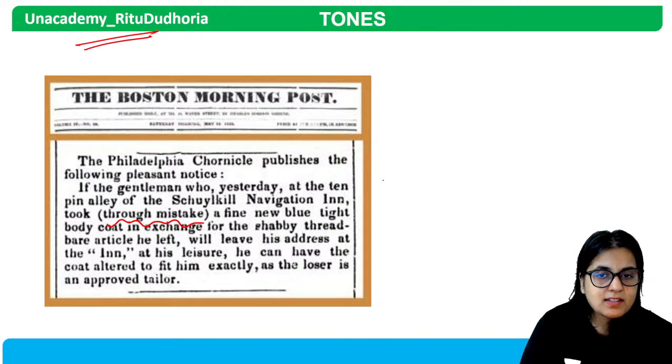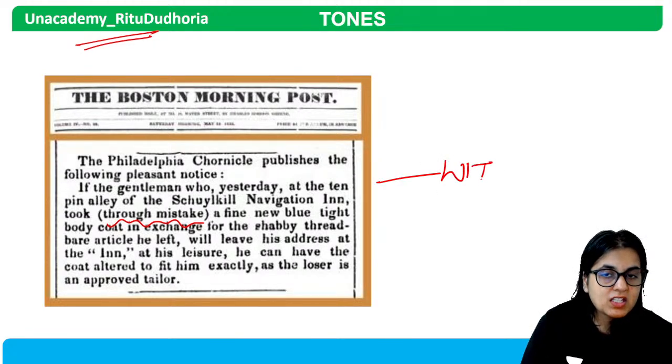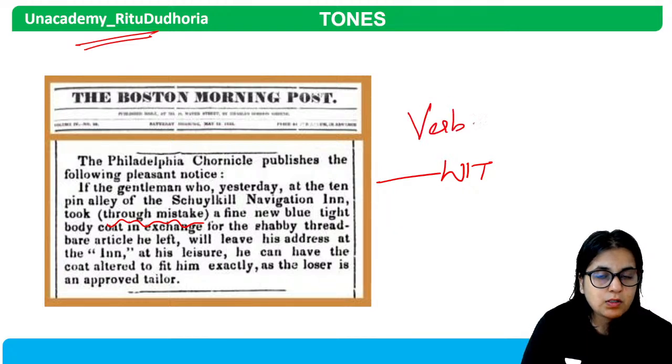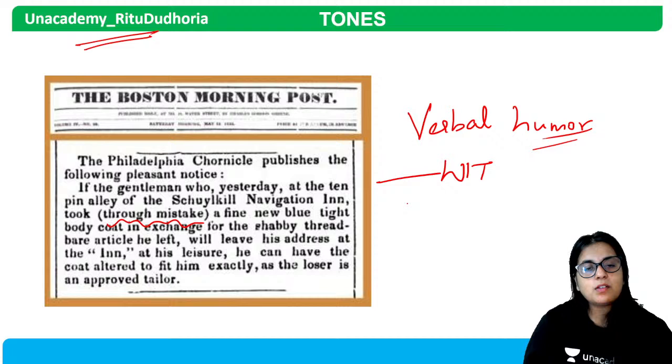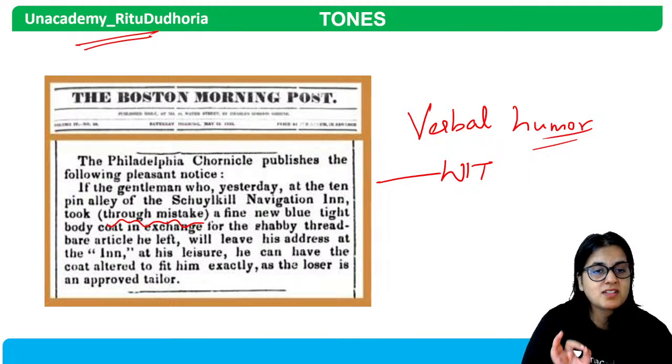Okay. Guys, the tone over here is wit. This is clearly verbal humor. The way the words are put, you could have just said that, okay, someone's taken my coat, please return it back at the inn. But the way it is framed, it's verbal humor. It was taken through mistake. New coat in exchange for a shabby, threadbare article.